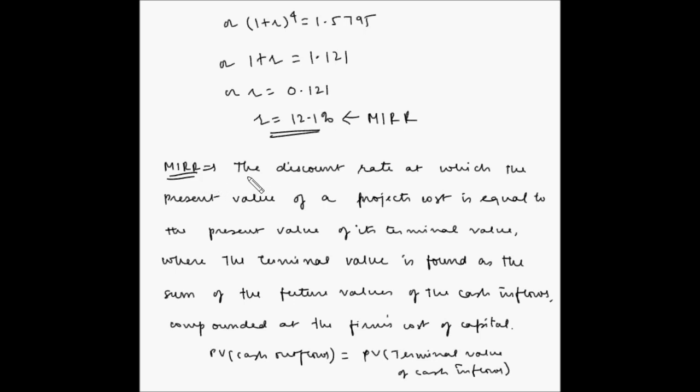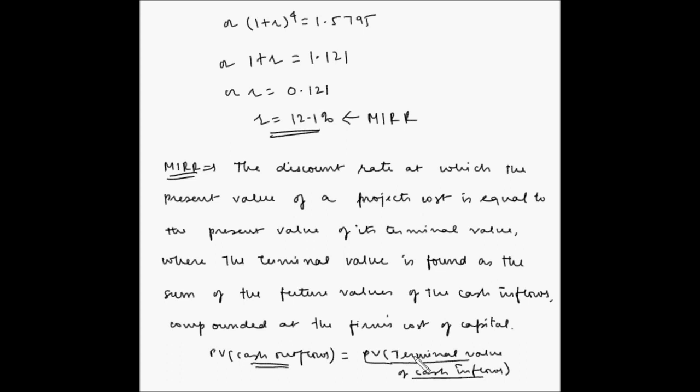So MIRR is the discount rate at which the present value of a project's cost, as we had seen, the present value of cash outflow or the project's cost, is equal to the present value of its terminal value, where the terminal value is found as the sum of future values of the cash inflows, and the future value is found out by compounding at the firm's cost of capital.